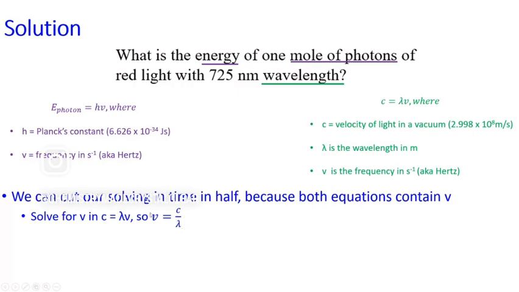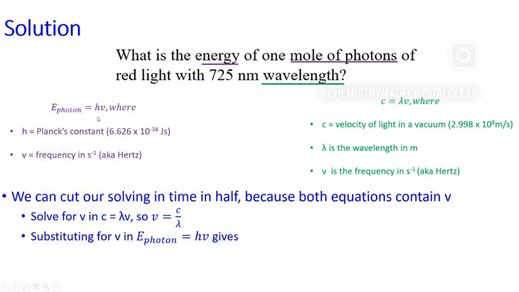If c divided by lambda equals nu, I can then substitute c over lambda back into this equation for the energy of a photon. So now if I substitute c over lambda for nu, I come up with this one-stop shopping equation where the energy of a photon is equal to h times c divided by lambda. So that right away cuts your problem-solving time in half.